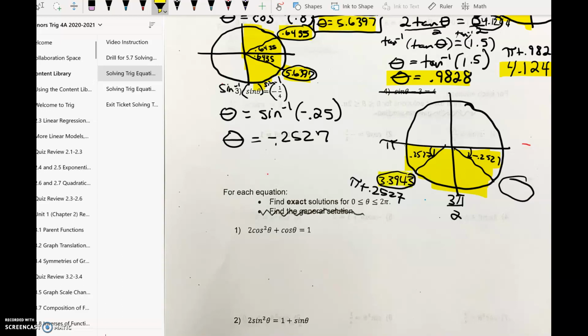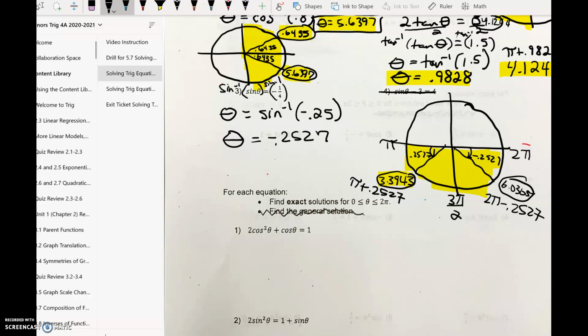And then over here, I am at 2 pi, and I'm going in the negative direction, so it's going to be 2 pi minus 0.2527. So on my calculator, I type in 2 pi minus 0.2527, and I get 6.0305.